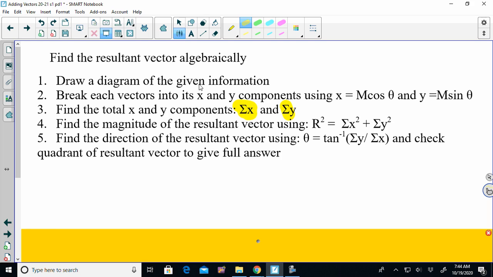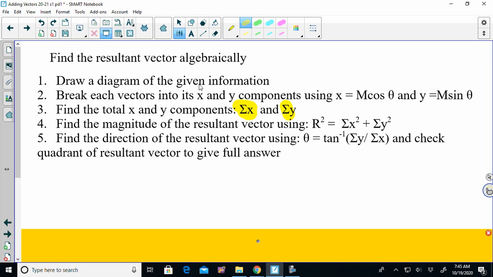We've already done that. Then we're going to find the magnitude of the resultant, because now we've got two vectors, one in the x direction and one in the y direction, that are perpendicular to each other. So I'm going to use the Pythagorean theorem. The resultant vector squared is the x component squared plus the y component squared.